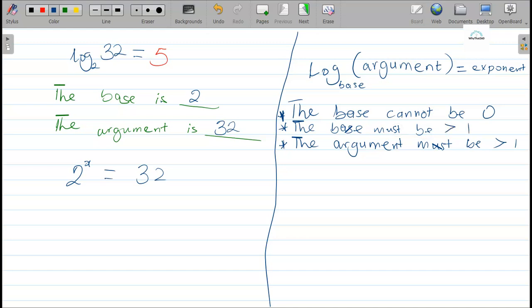For instance, if the base is 0, for example the log of 5 to the base a, and a is 0, then the answer cannot be determined.